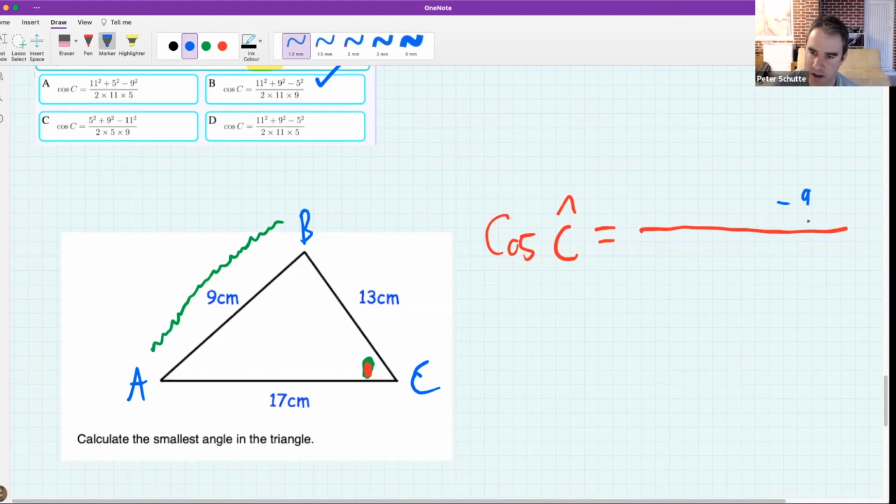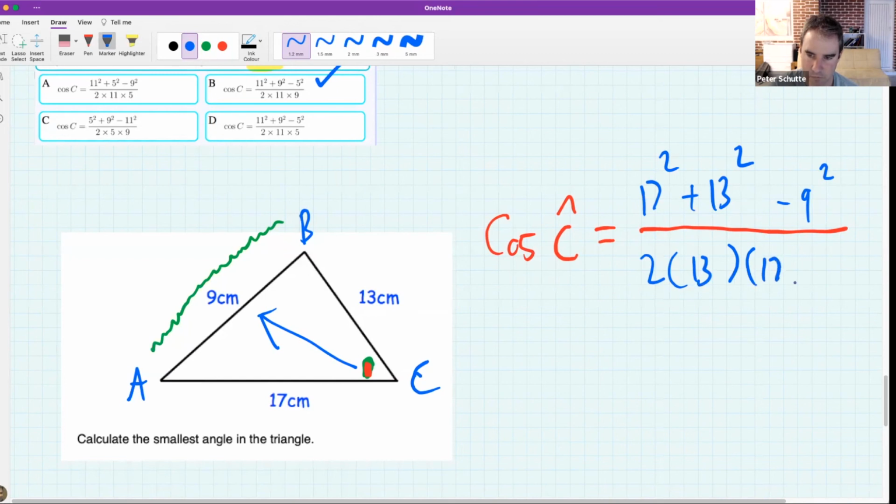So I know I'm going to have my -9 squared. You did super well, Rafiwe, super well.